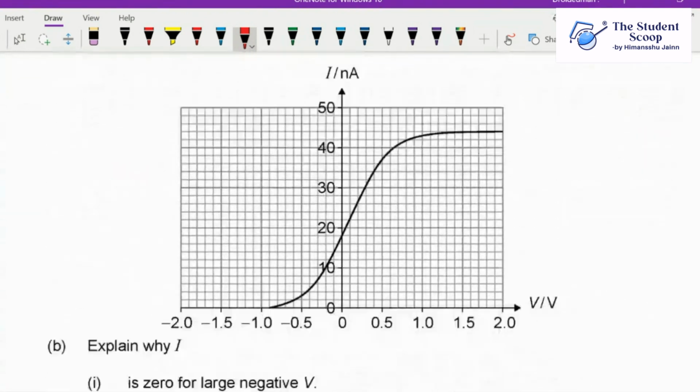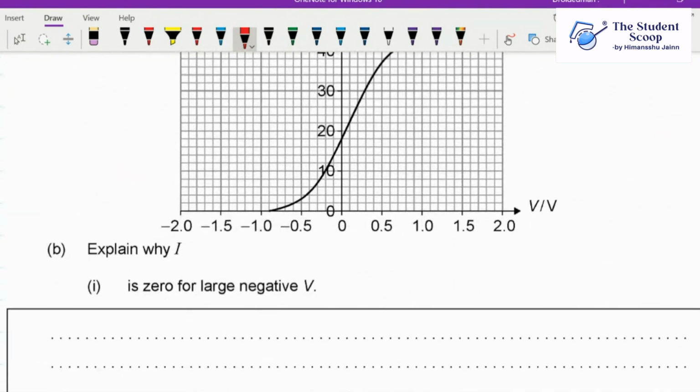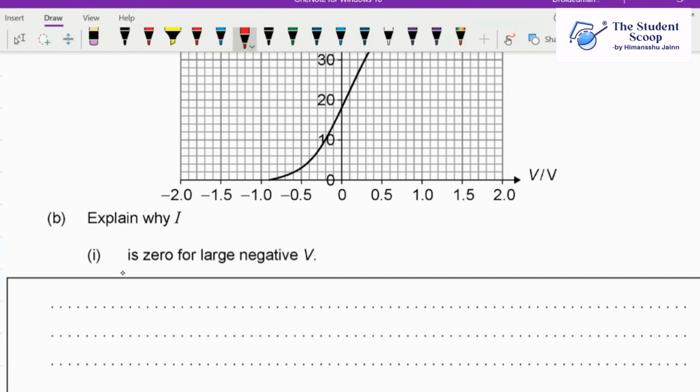Similarly, if we get a graph like this, we will see that the current is zero for large V, because V is large enough to deflect even the strongest, the highest kinetic energy electron.